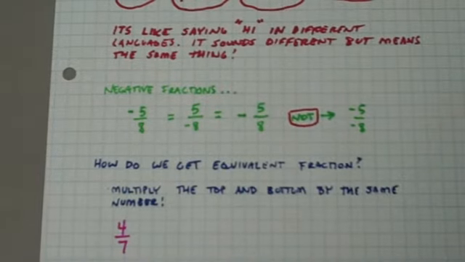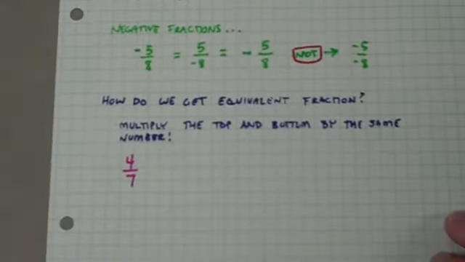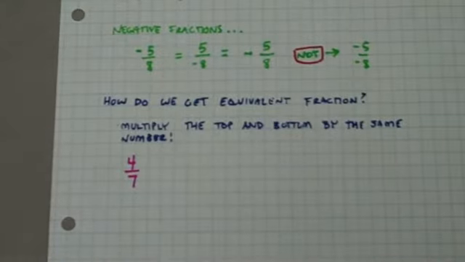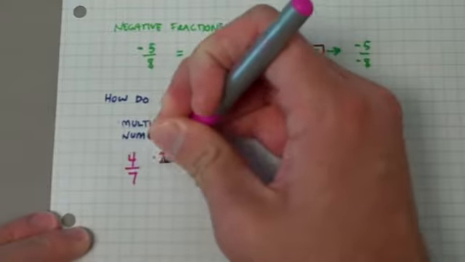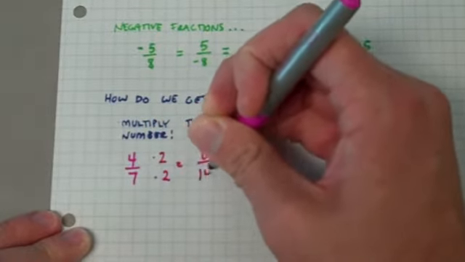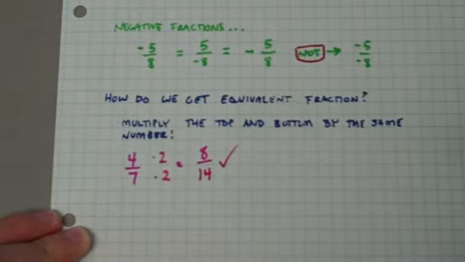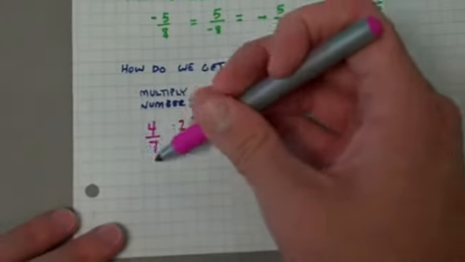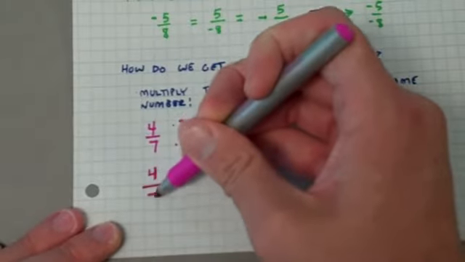Okay, so how do we get equivalent fractions? Well, you multiply the top and bottom by the same number. So if we had 4 over 7, we could multiply the top and bottom by the same number. So 8 over 14. Ta-da! Equivalent fraction. Very nice. We could also multiply the top and bottom by a negative number if we wanted to.